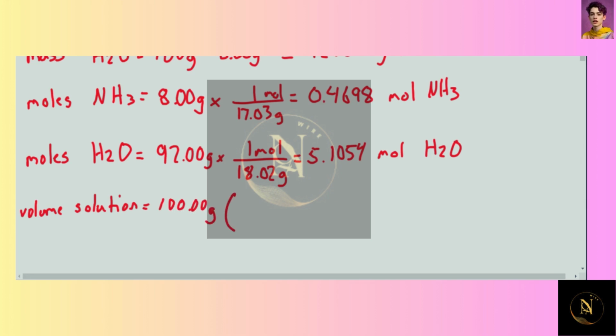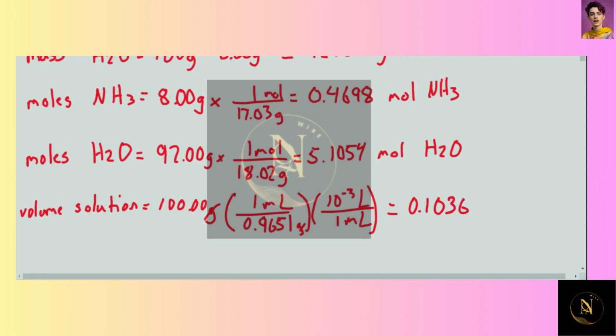We're given a density, which is 0.9651. So the grams will cancel, and then we need to multiply by 10 to the minus third to convert to liters, which is what we'll need for molarity. So we have 0.1036 liters.